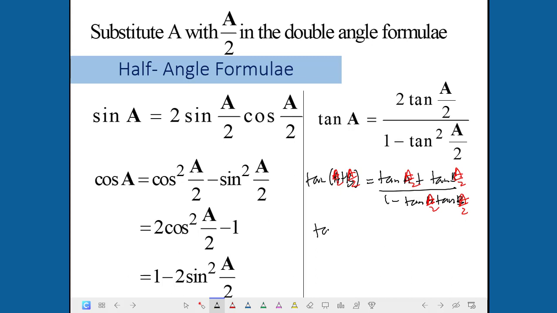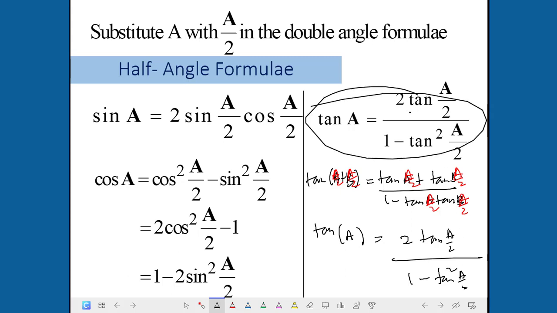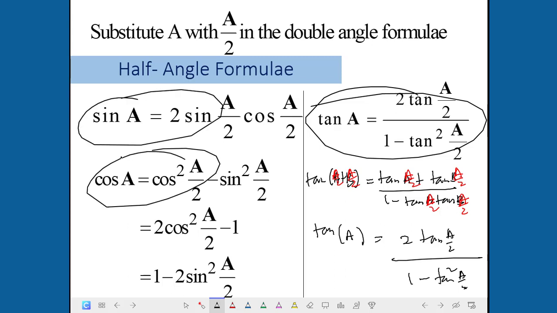Then you get tan A equals tan A over 2 plus tan A over 2, so 2 tan A over 2, over 1 minus tan A over 2 times tan A over 2, so squared. Okay, settled: half angle for tangent, half angle for sine, half angle for cos.